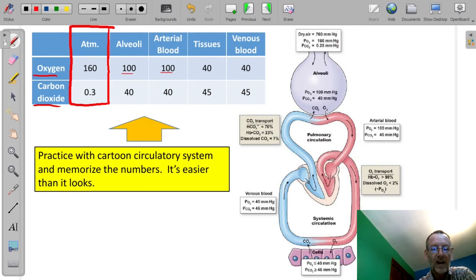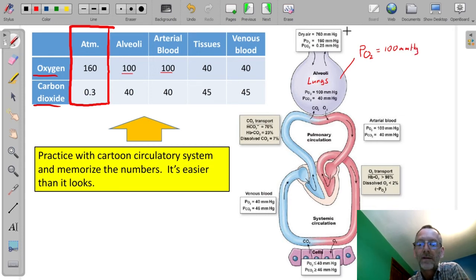So let's just follow oxygen for a moment, and then we'll come back and look at carbon dioxide. On the figure at the right, this is the alveoli, so these are your lungs. And if you can read the numbers, the partial pressure of O2, this is how it's written, the large P is for partial pressure, of oxygen is 100 millimeters of mercury. All the numbers are going to be in millimeters of mercury.